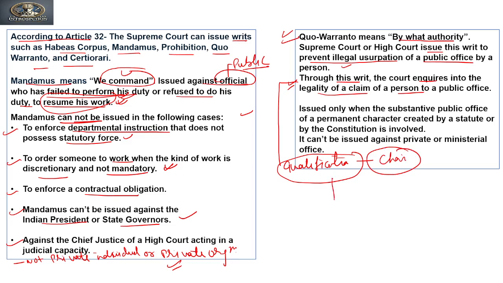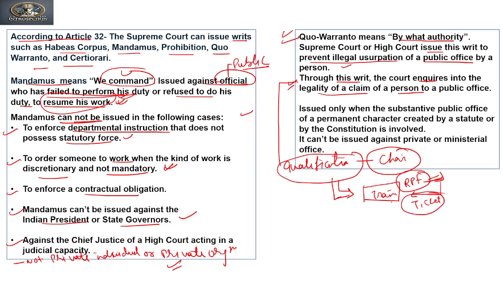Now to understand this, you can take one example. Suppose you are traveling in a train, and an RPF person, that is Railway Protection Force, one of the members of the RPF, comes to you and asks for your ticket, saying please show your ticket.